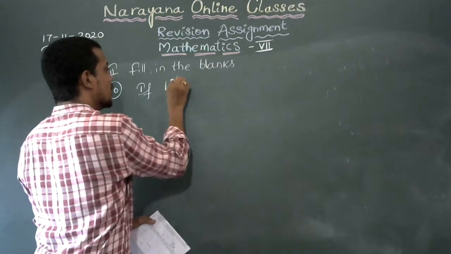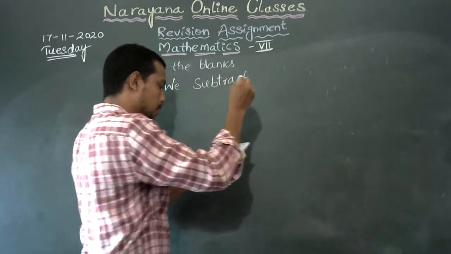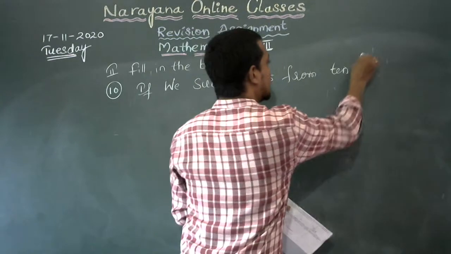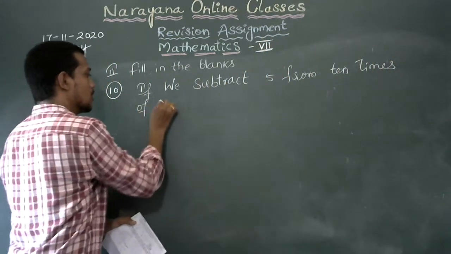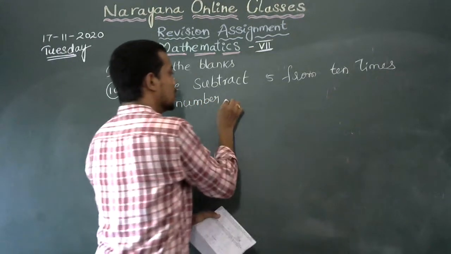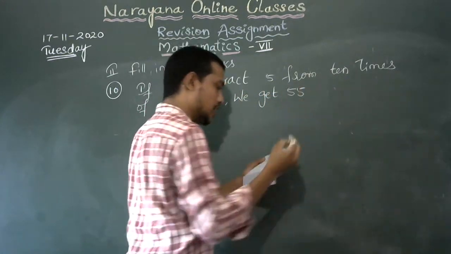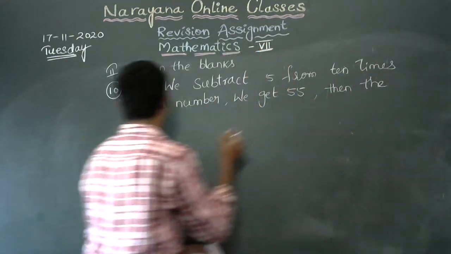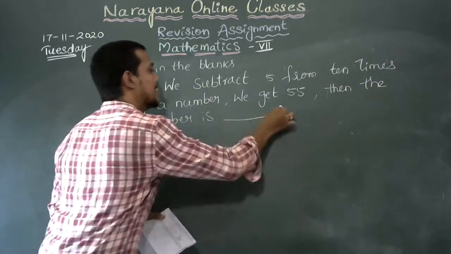If we subtract 5 from 10 times of a number, we get 55, then the number is dash.